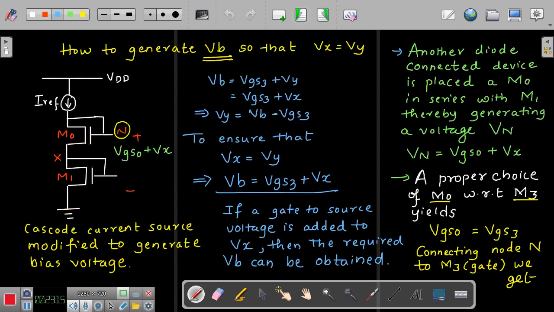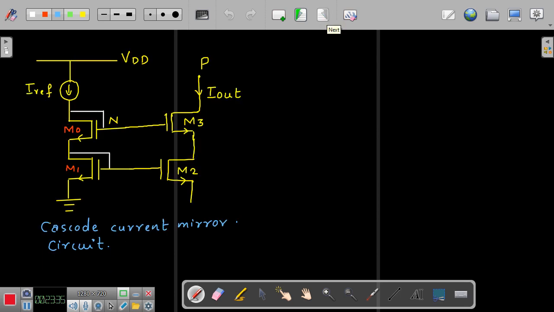So what I had said here, a proper choice of M0 with respect to M3 yields VGS0 equal to VGS3. So in order to do so, I am connecting the node N to the gate of M3, the diagram of which I have drawn here.